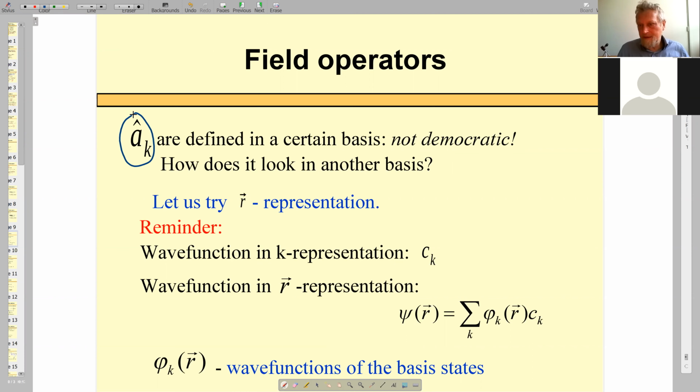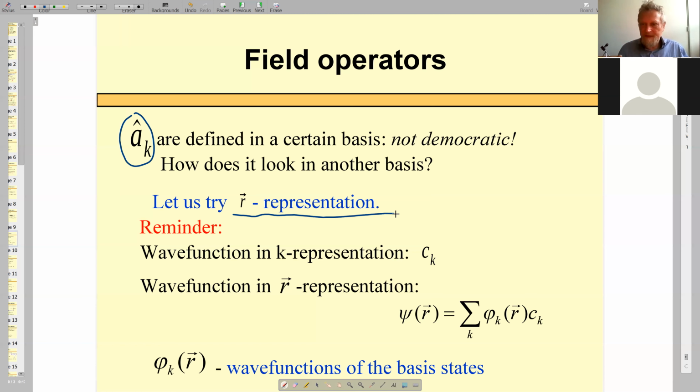So we want to understand how these operators would look in another basis. Let us try a particularly useful representation. Let us try coordinate representation.